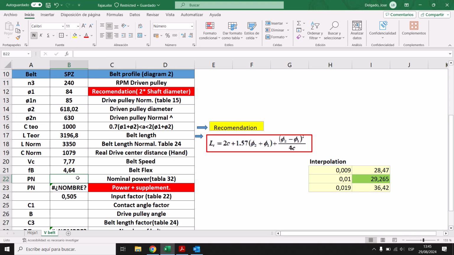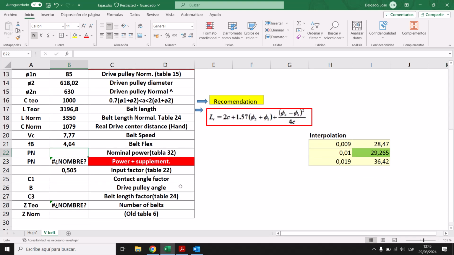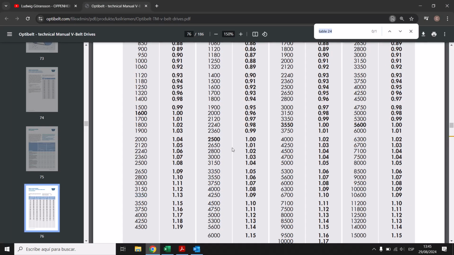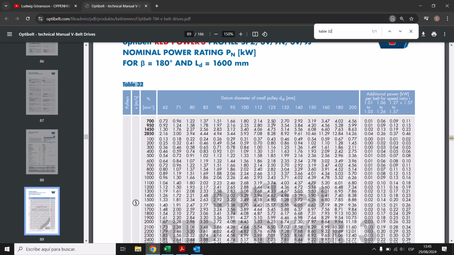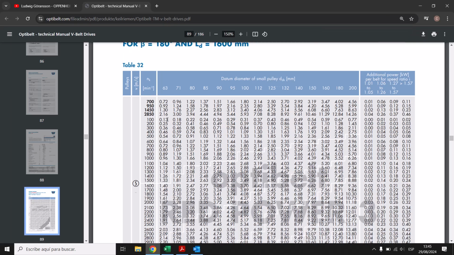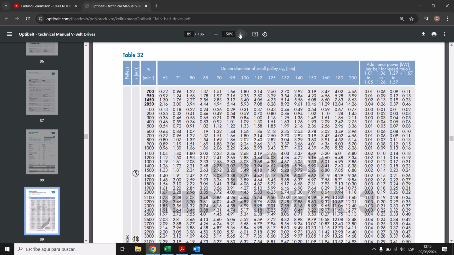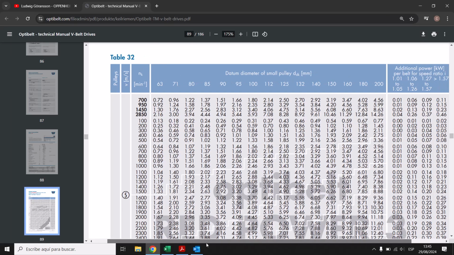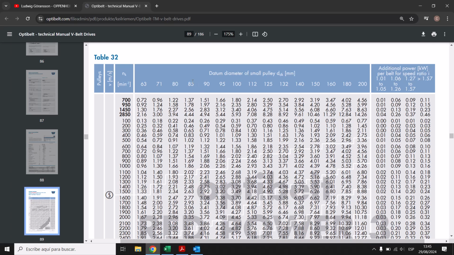How is the nominal power now? We have done all of this. We have the table 32. So we have to look with the RPM on the electric motor and your nominal drive diameter.